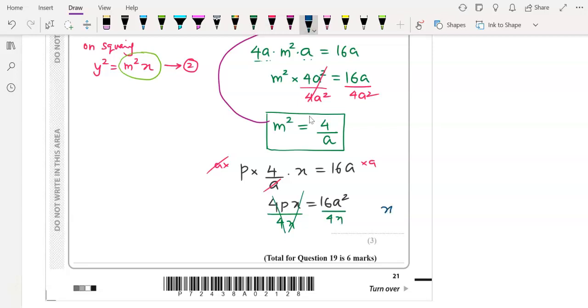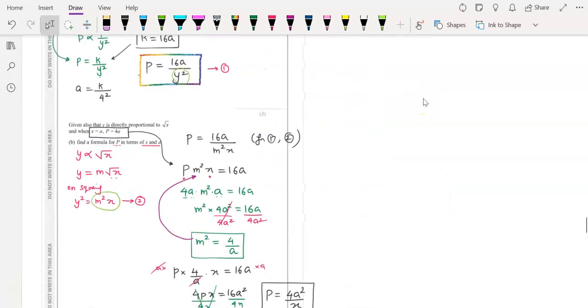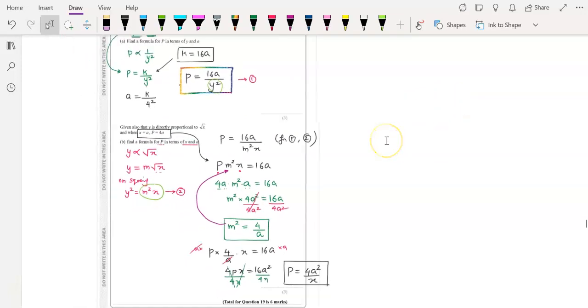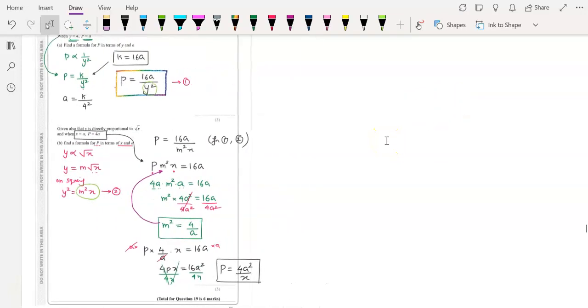So p equals 16 divided by 4 is 4 a square over x. So this gives the required formula for p in terms of a and x. So in this case, we have to use both the relation to get to the final answer. Okay, that's it for this question.